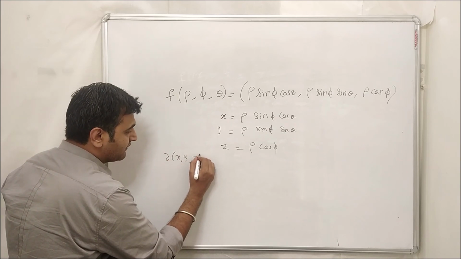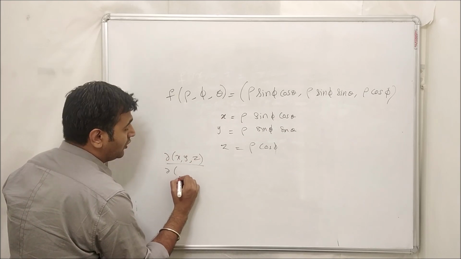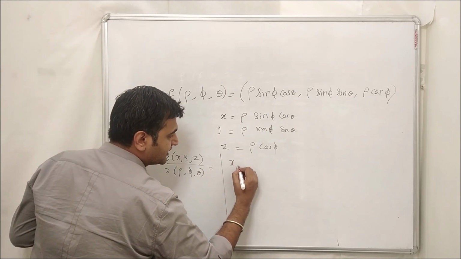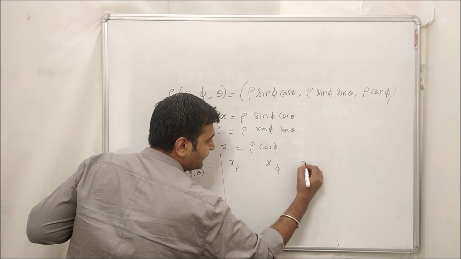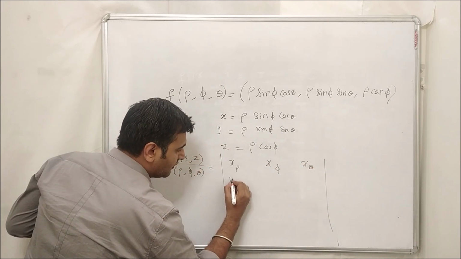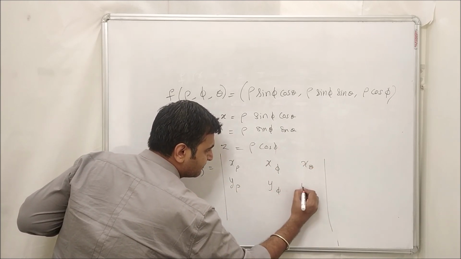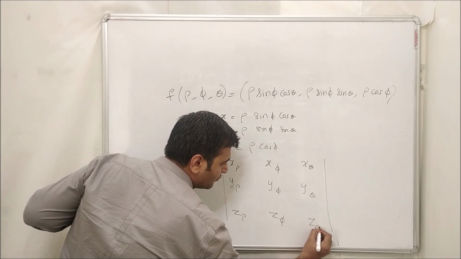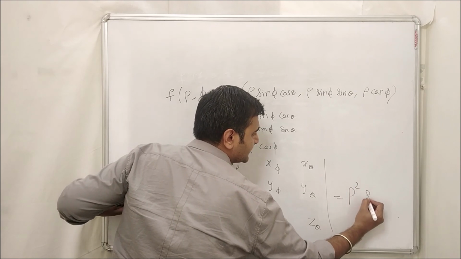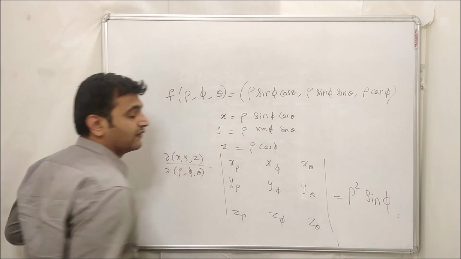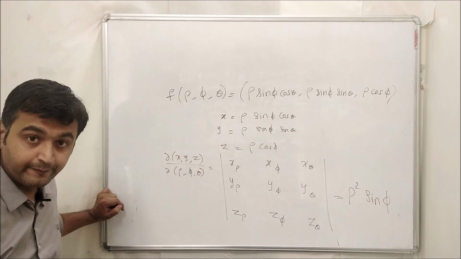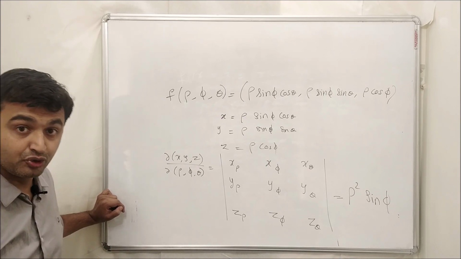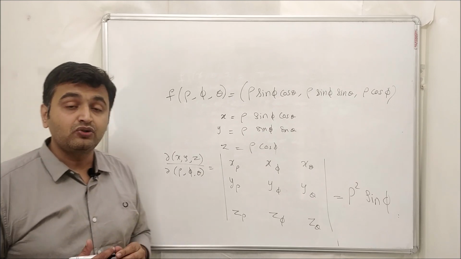The Jacobian ∂(x, y, z) upon ∂(rho, phi, theta). Here you find x with respect to rho, phi, theta, y with respect to rho, phi, theta, and the same with z. When you solve this, you should get rho square sin phi as the determinant. I won't be solving this. This is a simple determinant that one should be able to do. So yeah, that's about Jacobian.